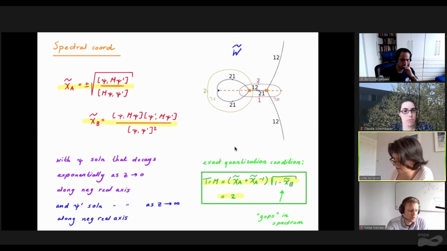But the point is that if you're being careful in applying this abelianization method, or in using exact WKB, you can even find new things in very old problems, because this exact quantization condition, we haven't been able to trace it back in the literature.